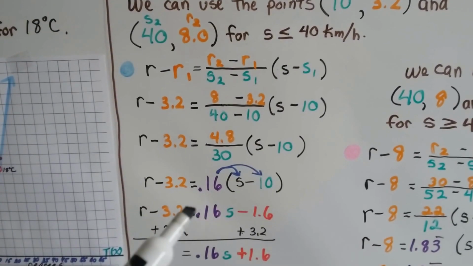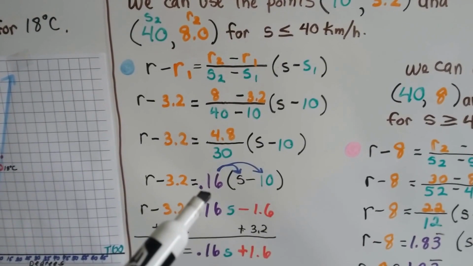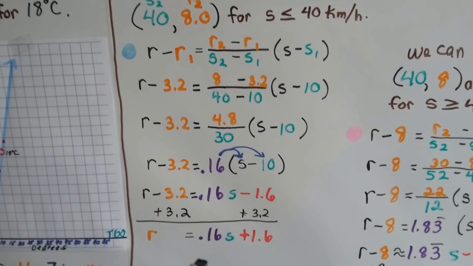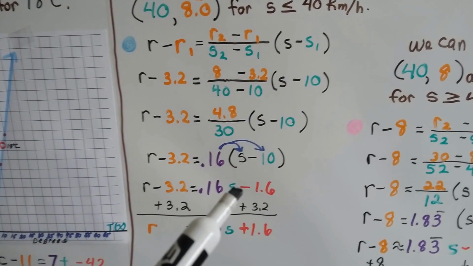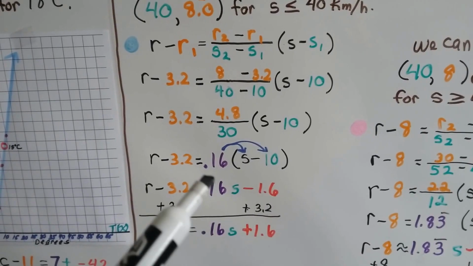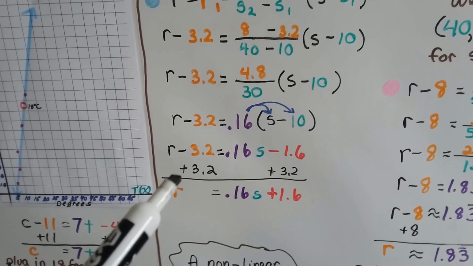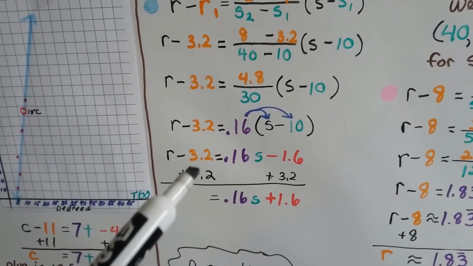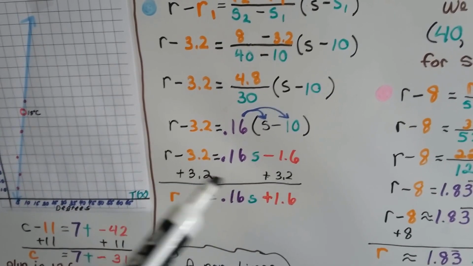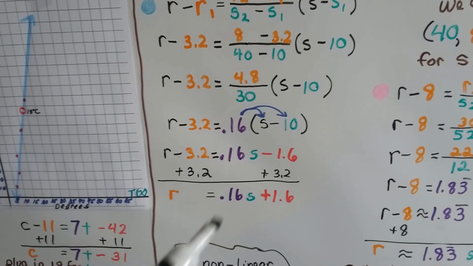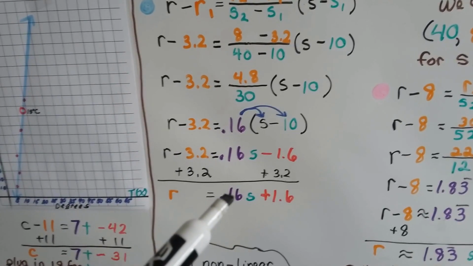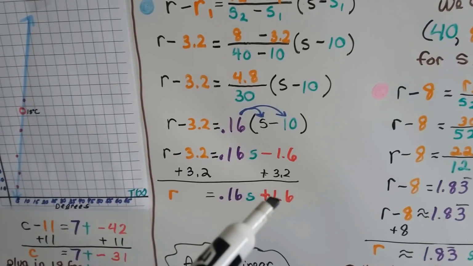But we're using S for speed. Then we distribute the 0.16 into the parentheses, and we get 0.16s minus 1.6, because that moved the decimal point over, didn't it? And now we need to isolate the R, so we add 3.2 to each side to create a zero pair here, and we get R equals 0.16s plus 1.6.